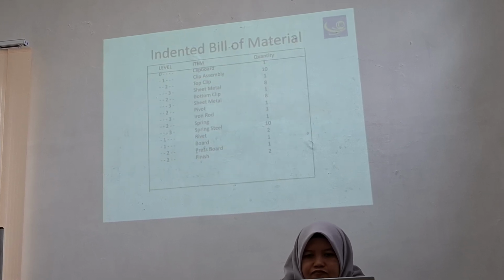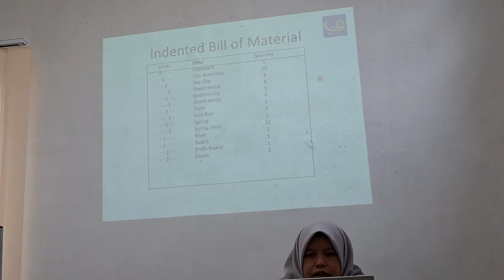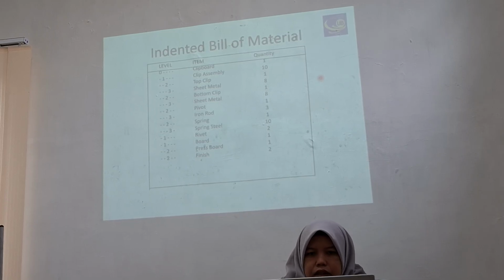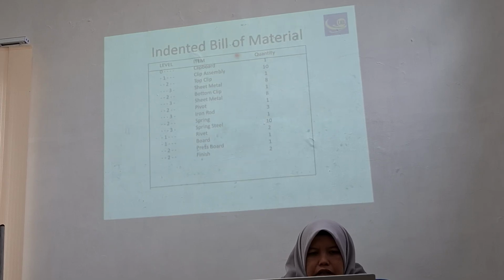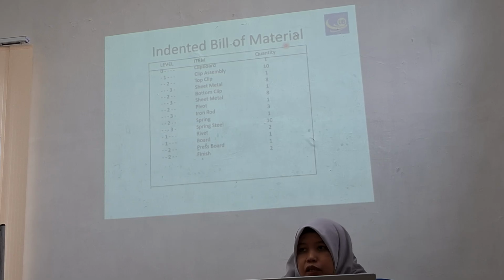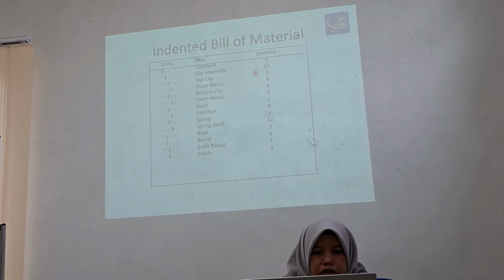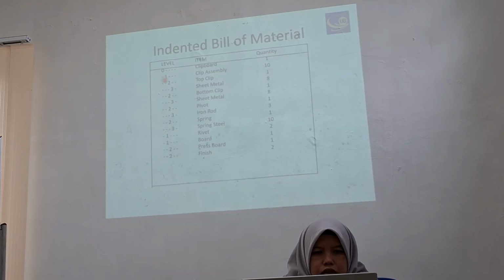We can make another appearance of the product structure or bill of material, the indented bill of material, but it is the same information as the previous slide. There are level 0, 1, 2, 3.